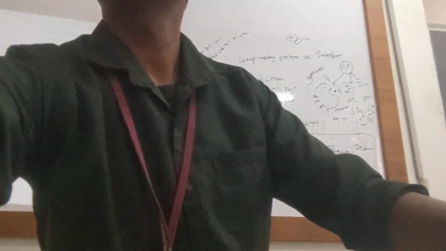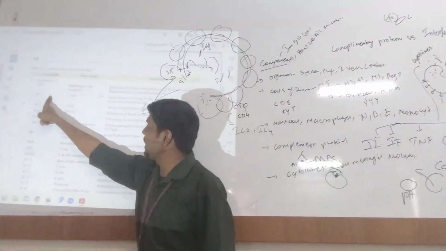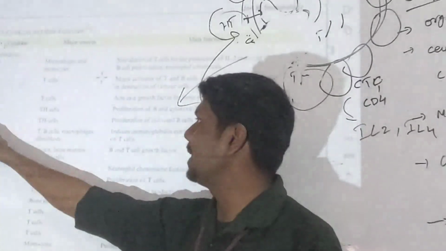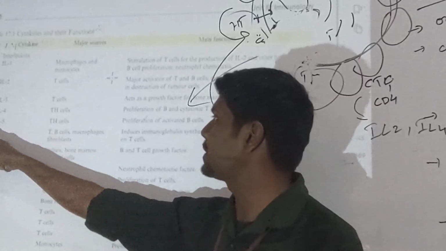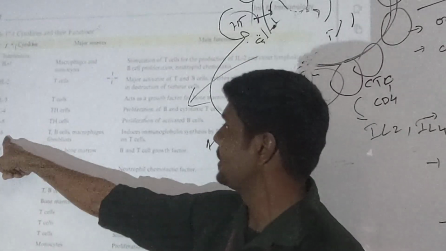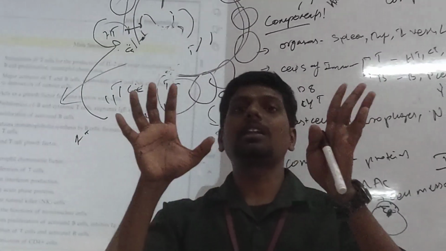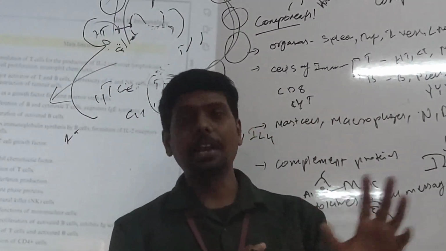Let me zoom it. See, what type of cytokines are released by what type of cells? T cells release interleukin 2, interleukin 3, interleukin 4, helper T cells release interleukin 5, and interleukin 6 is released by T and B cells. So first of all, you should understand what types of cytokines we have.